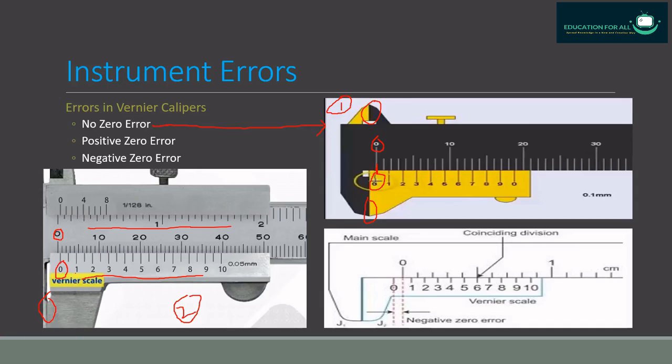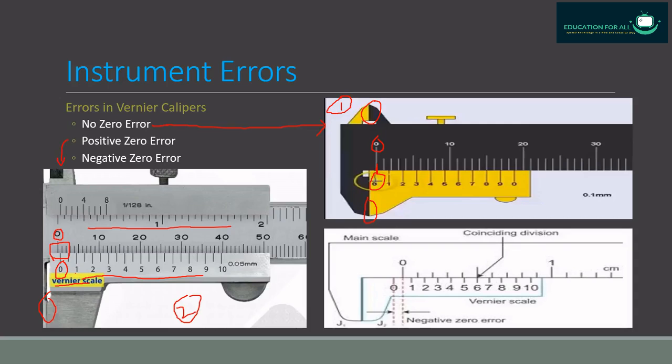And what type of error is it? As the zero of the vernier scale is on the right side, the zero line of the vernier scale is on the right side of the zero line of the main scale. So this is a positive zero error.